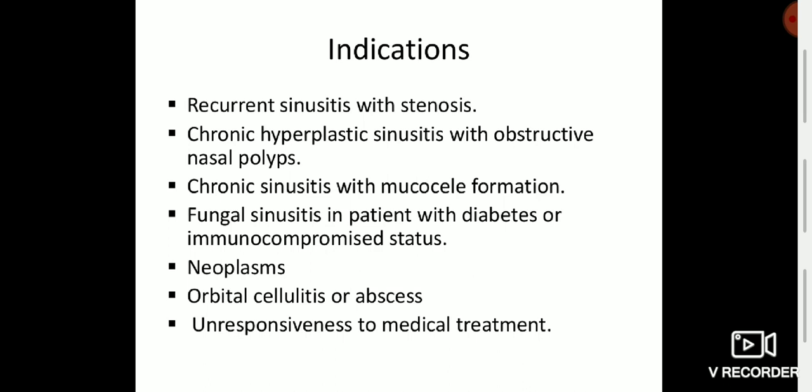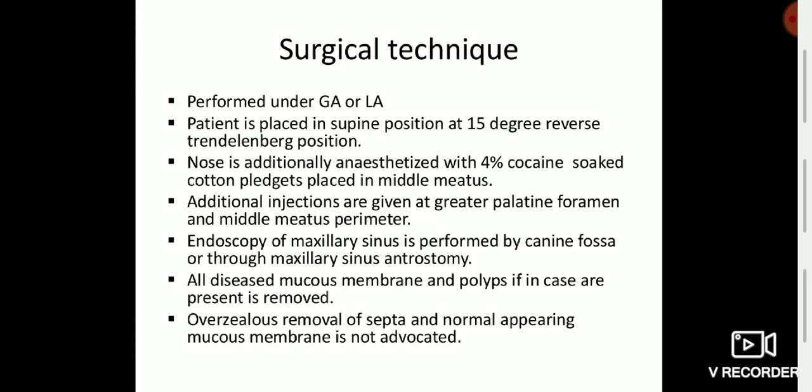First one is recurrent sinusitis with stenosis, chronic hyperplastic sinusitis with obstructive nasal polyps, chronic sinusitis with mucocele formation, fungal sinusitis in patients with diabetes or immunocompromised status, neoplasms, orbital cellulitis or abscess, unresponsiveness to medical treatment.